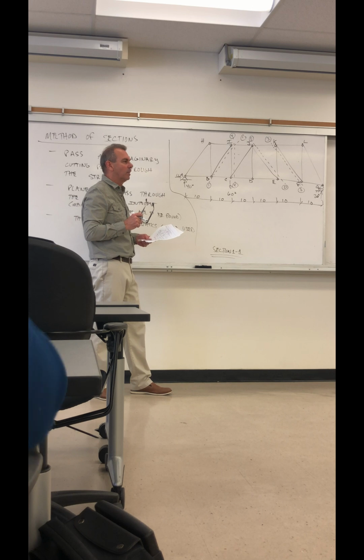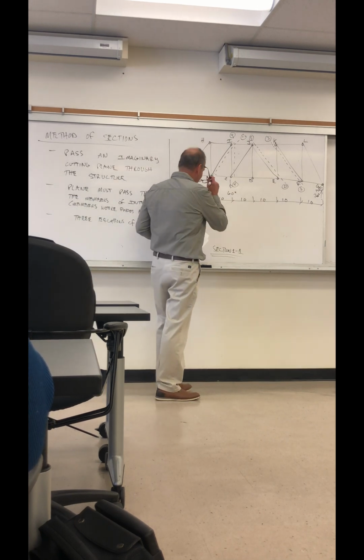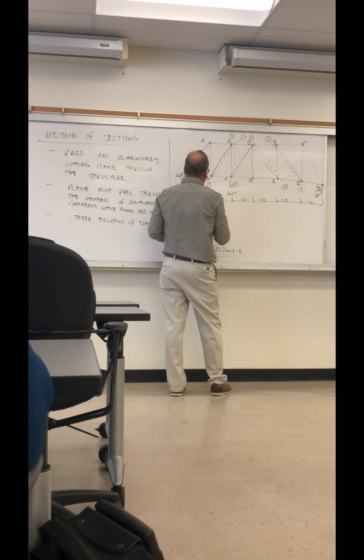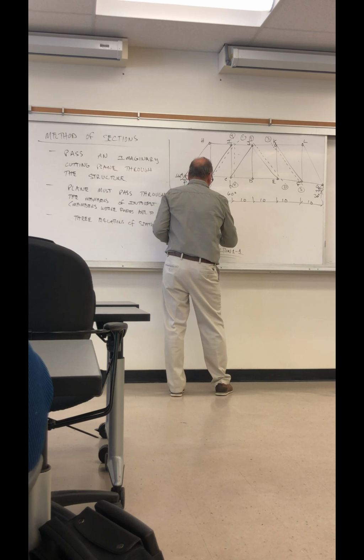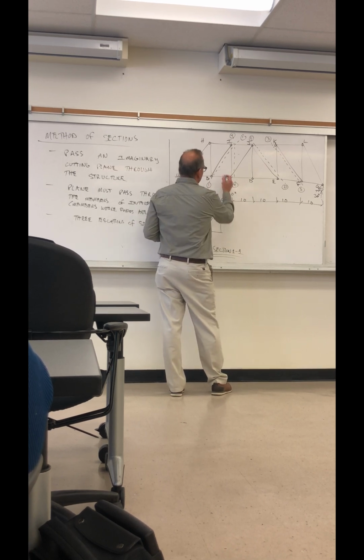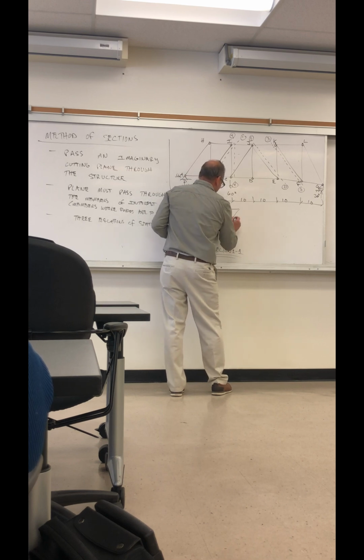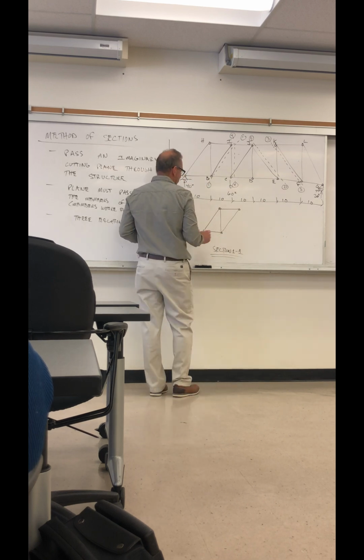It's helpful to have those dimensions on each separate section cut drawing, because you're going to be summing not just forces but moments about places. So it looks like this, right? And then it goes like this. So this is for section 1-1.